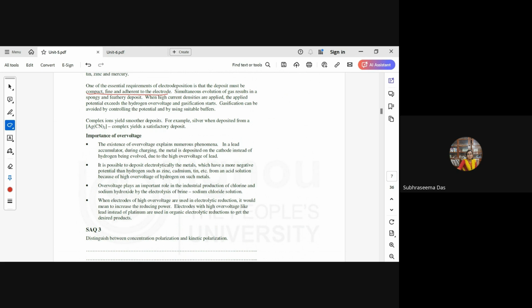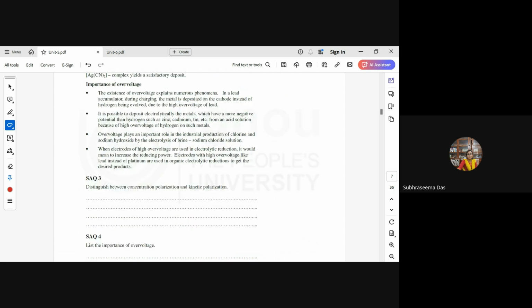Overvoltage also plays an important role in the industrial production of chlorine and sodium hydroxide by the electrolysis of brine, sodium chloride solution. When electrodes of high overvoltage are used in electrolytic reduction, it means an increase in reducing power. Electrodes with high overvoltage, like lead, can be used instead of platinum for organic electrolytic reductions.